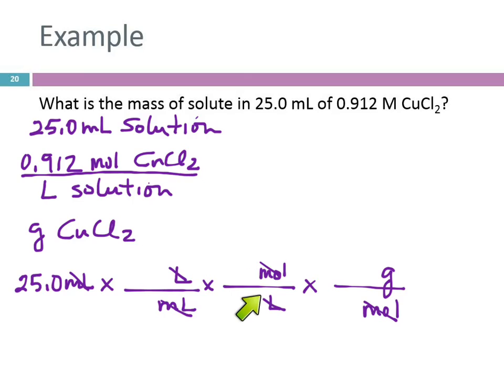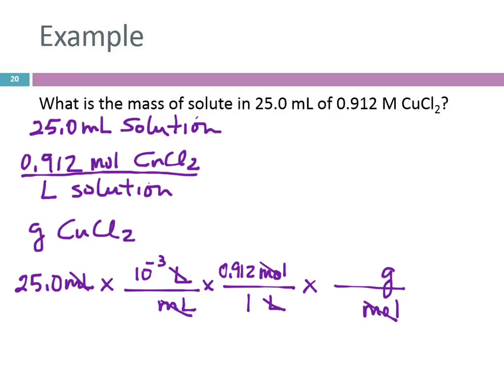So moles per liter is that unit factor given in the problem, the concentration. 0.912 moles per 1 liter of solution. This guy is our old friend, milli. Milli means 10 to the minus 3. And where are we going to get this one? Grams per mole.